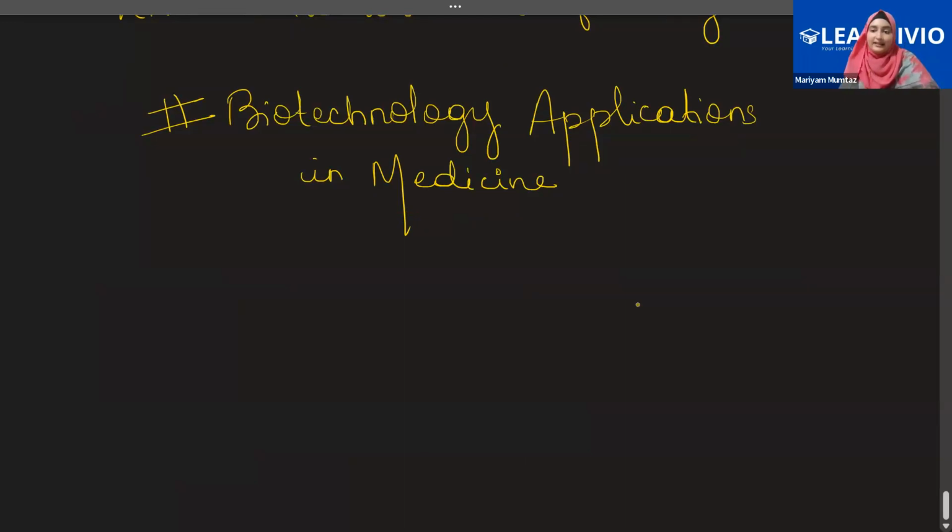When we talk about healthcare, it has been improved because of the development in biotechnology. Why? Because the first thing is that with the help of biotechnology, you people have learned about fermenters, bioreactors. You remember bioreactors? No, none of you. See that also in your notes. What is a bioreactor or fermenter?